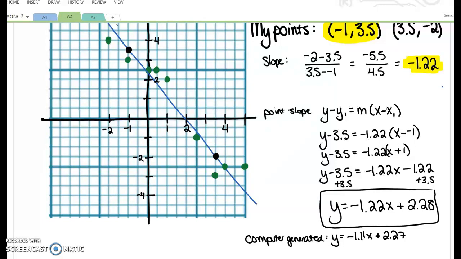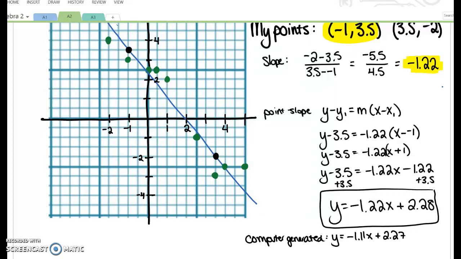So using the points from my line, I found a slope. I got negative 1.22. Getting decimals is fine. This is very much real world because we're using all sorts of crazy data. And then I used my slope and one of my points in point slope form, distributed my slope, and got y equals negative 1.22x plus 2.28.